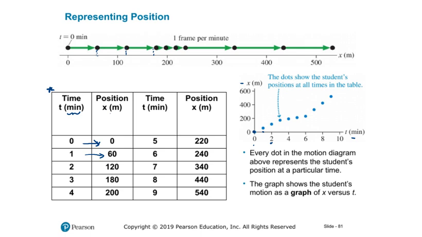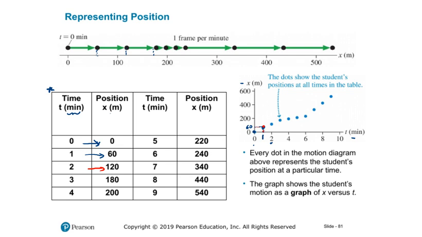This is 2, this is 0, and position 60 comes to somewhere here. So we put a dot at the point where we draw a line from 60 along the horizontal and a line from 1 along the vertical, and where they intersect, maybe I'll use red here to make this more clear, where they intersect, we put a dot.